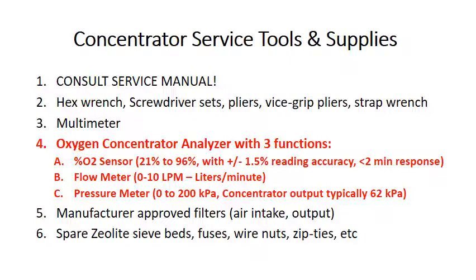And a pressure meter is very useful from 0 to 200 kPa. A concentrator output typically runs at 62 kPa. You'll want the manufacturer-approved filters for air intake and output. And you should have spare zeolite seed beds, fuses, wire nets, zip ties, and other things for servicing the concentrator.